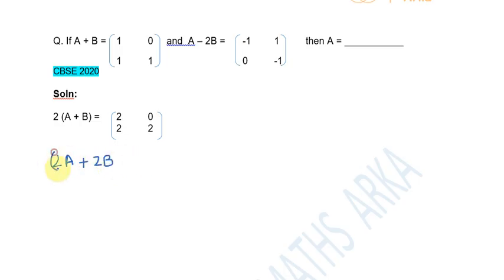Okay, this is 2a plus 2b, and then what we do is we add a minus 2b to it. So a minus 2b we just add. So this matrix would be added to twice of this matrix.